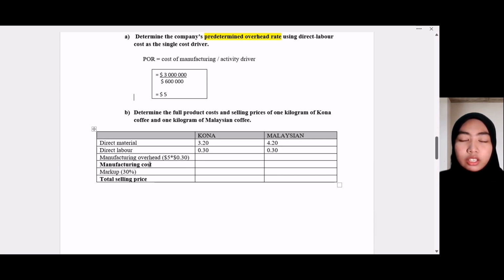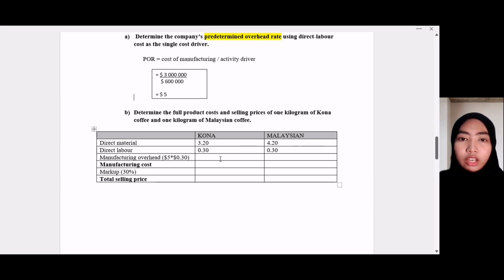For the manufacturing cost, it also includes the manufacturing overhead, right? To calculate this, we use the predetermined overhead rate that we just calculated and multiply it by the direct labor cost, because we used direct labor cost to calculate the predetermined overhead rate.